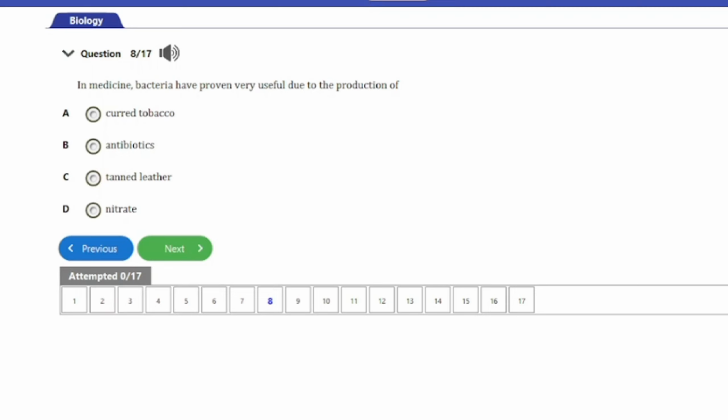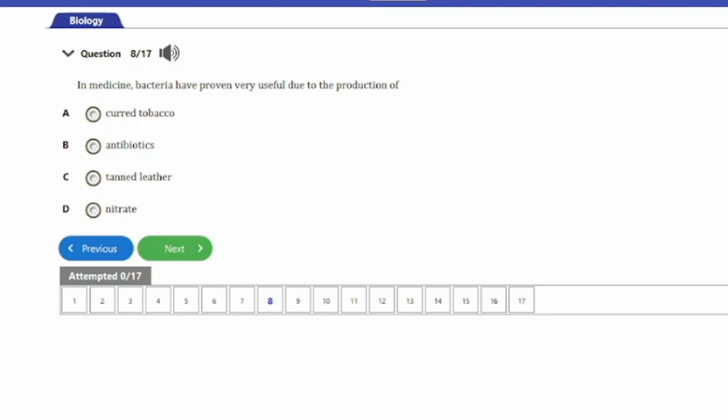That's question number 8. It says, in medicine, bacteria have proven very useful due to the production of A. Cured tobacco, B.